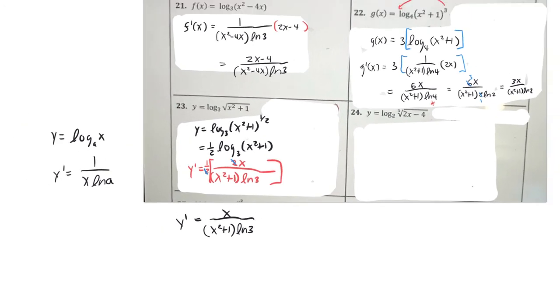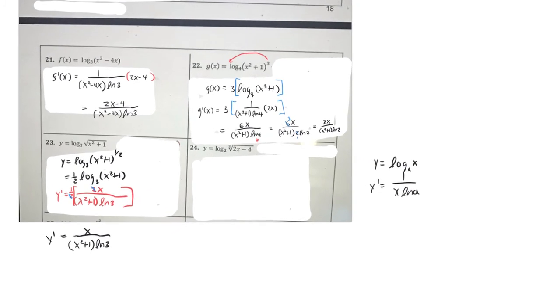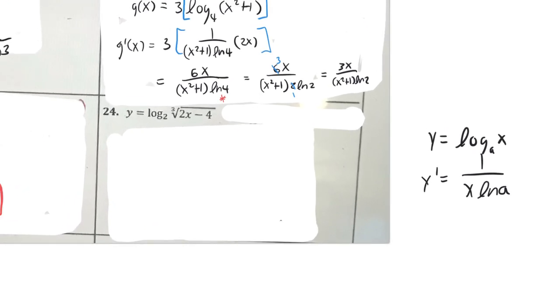Looking at problem number 24, bring this over as our reference. Okay, in this case, it's going to be log base 2 of 2x minus 4 raised to the 1/3. That 1/3 can go out front.